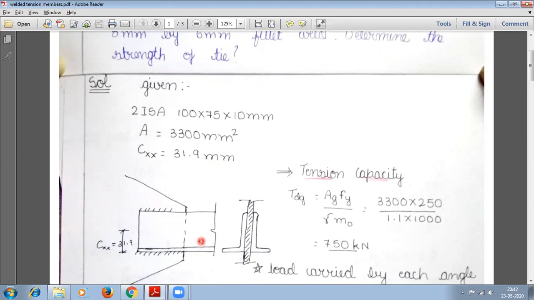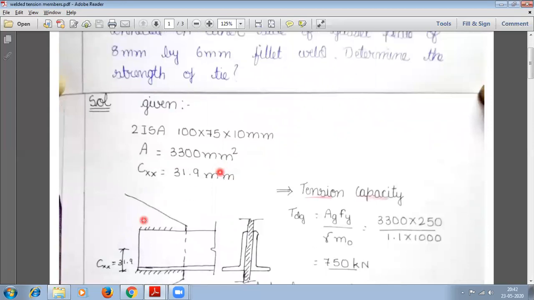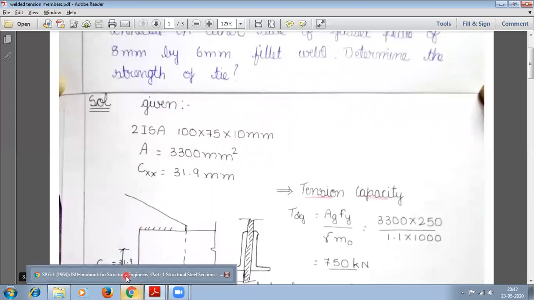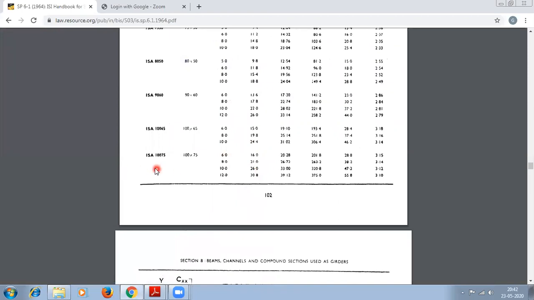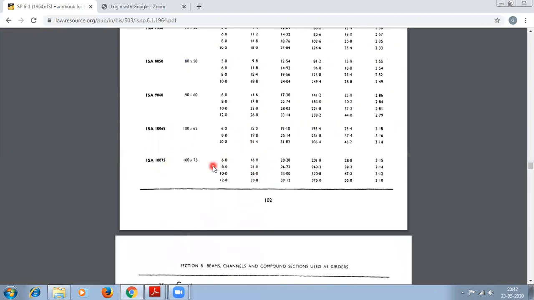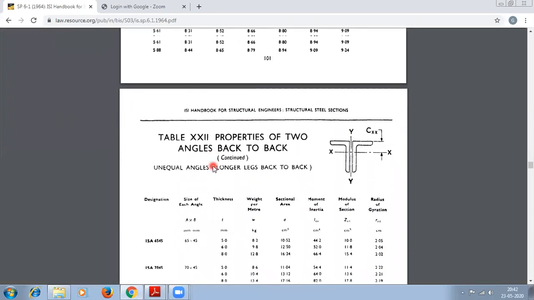And now we'll go for the ISA 100 by 75 by 10 mm. Area you already know, so you can see this in the steel table. If you go in the steel table, you have it here, 100 by 75. First, don't go with the page number, because whatever author you have is completely different from the one the author has downloaded here.